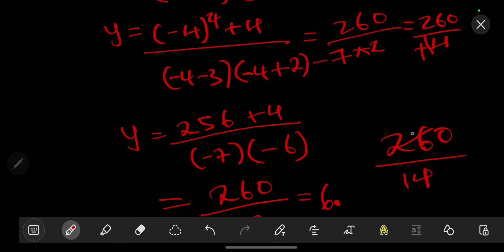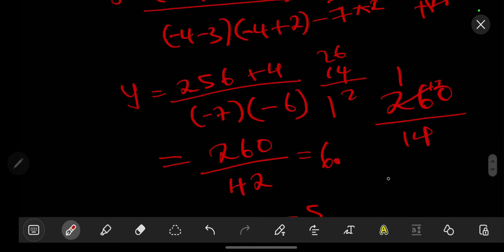26 divided by 14 will give us a 1. So the remainder is 26 minus 14, which will give us 12. So 120 divided by 14, let's try to multiply.